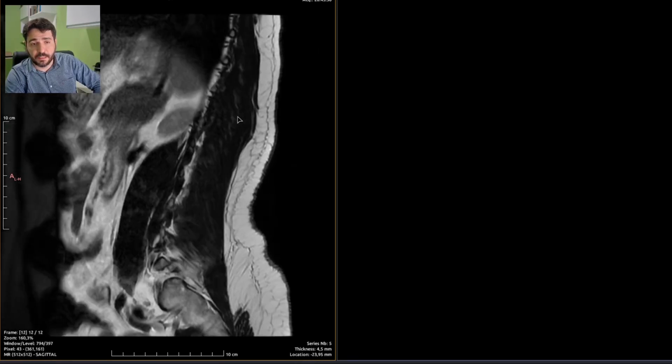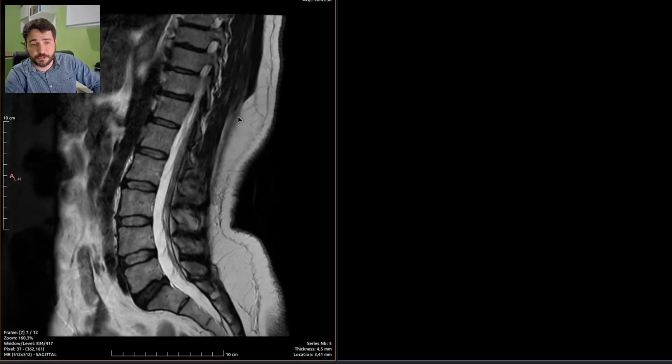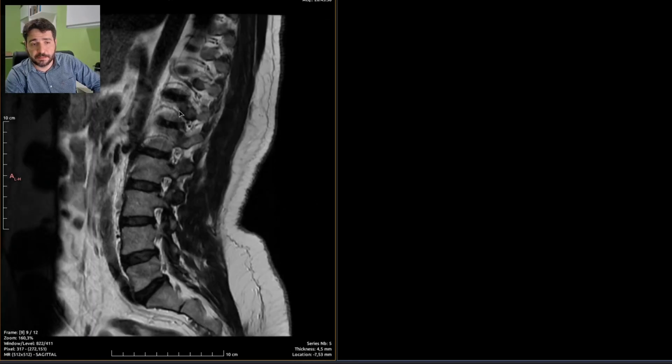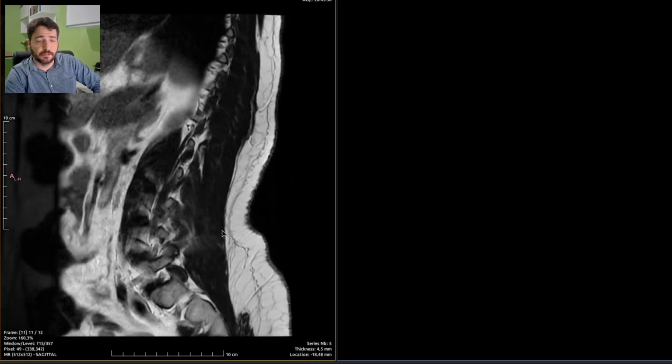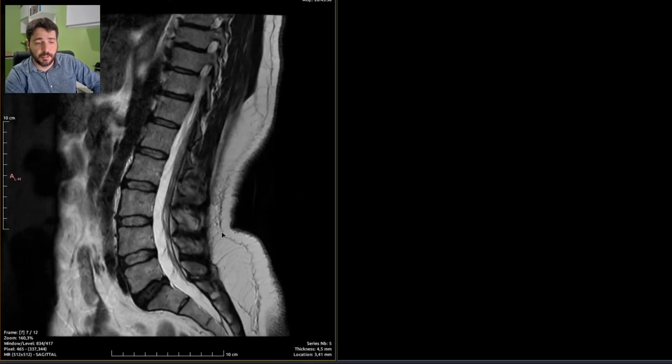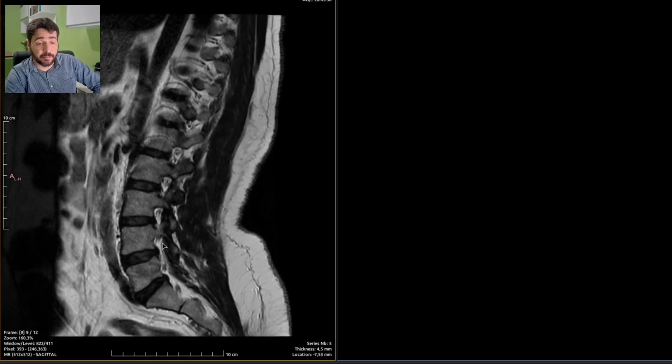Is there any sign of transitional vertebra? Let's see, this is the last rib. So this is L1, 2, 3, 4, and 5. No transitional vertebra.